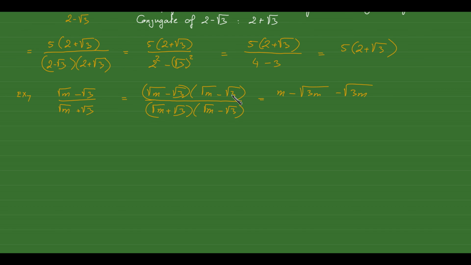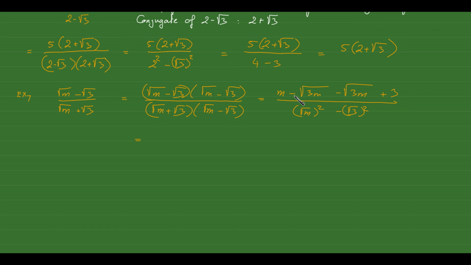Square root of m times square root of 3 is square root of 3m. Minus times minus will be plus. Square root of 3 times square root of 3 is square root of 9, which gives you 3. Over, this is the difference of squares, so it is a squared minus b squared.